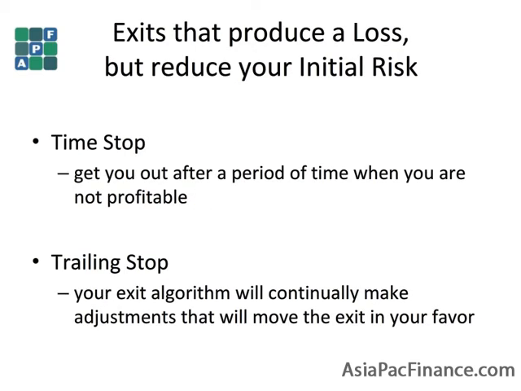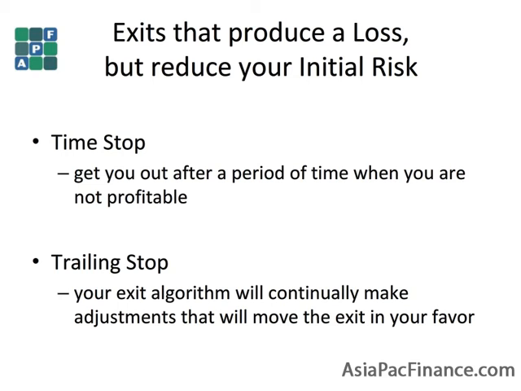Your initial stop loss, discussed earlier, was designed to be your worst-case loss that protects your capital. However, this class of exit will also produce a loss, but these exits are designed to make sure you lose as little as possible. Generally, people enter the market because they expect the price to move in their favor shortly after entry. As a result, if you have a meaningful entry signal, then a potentially useful exit is one that will get you out after a period of time when you are not profitable.